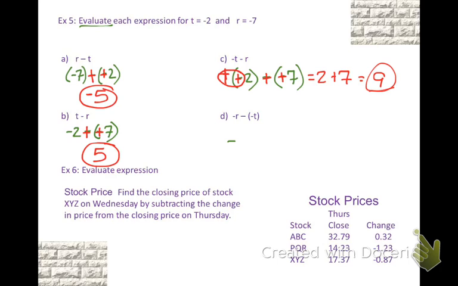I have a negative in front of the r, and then r is -7 minus. And in parentheses I have a negative on the outside of t, so there's a negative there, and then a parenthesis again, and t is -2, and then 2 sets of parentheses.